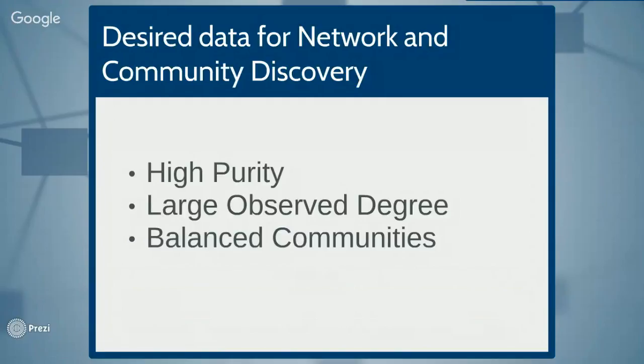It helps us increase the visible network of the given graph. We also want our communities to be balanced. If we don't accomplish that, then one community will tend to become larger and dominate the others, and it might result in all the communities merging together.